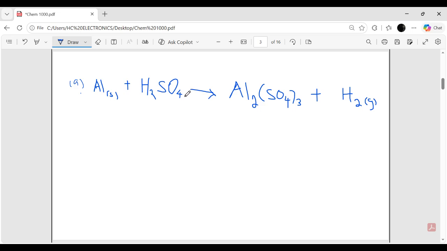This one is aqueous, and this one is also aqueous.